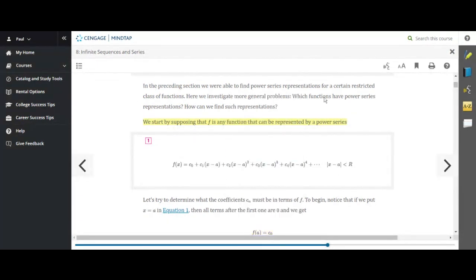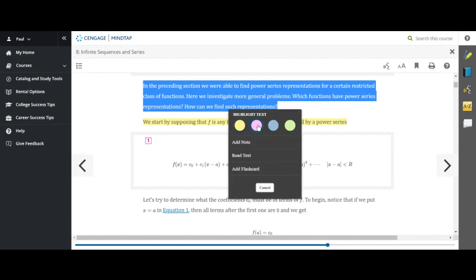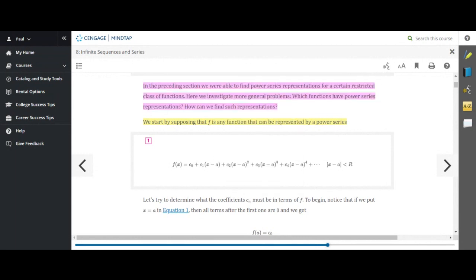Okay, so again, in the preceding section, we were able to find power series representations for a certain restricted class of functions.